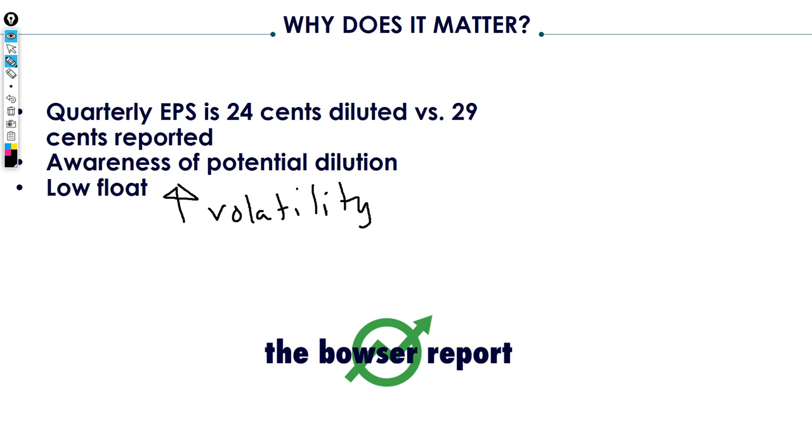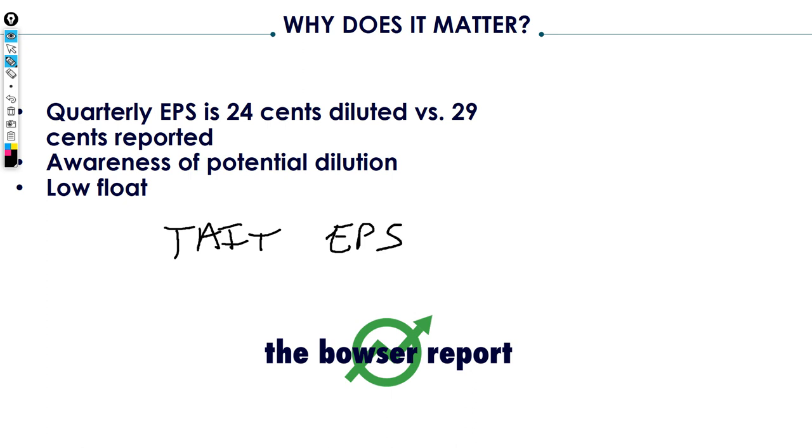In this case, if we were looking at Tate's, T-A-I-T, that's the ticker symbol here, their EPS for the full year of 2018, they made 29 cents.